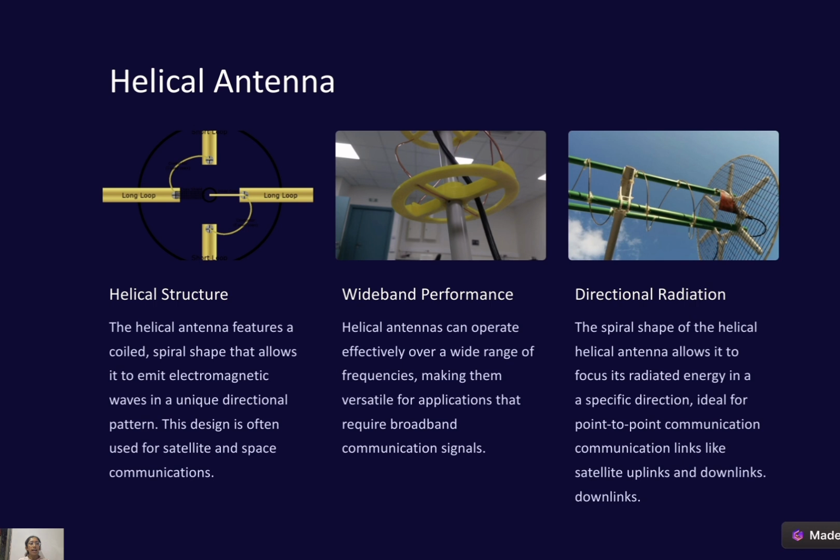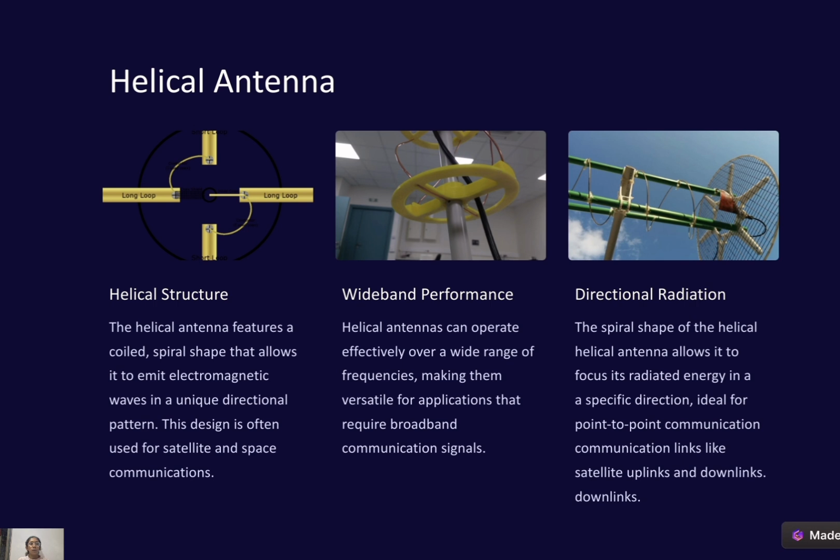And now the helical antenna. A helical antenna is helical in structure, featuring a coiled spiral shape that allows it to emit electromagnetic waves in a unique directional pattern. This design is often used in satellite and space communication and wide-band performance.